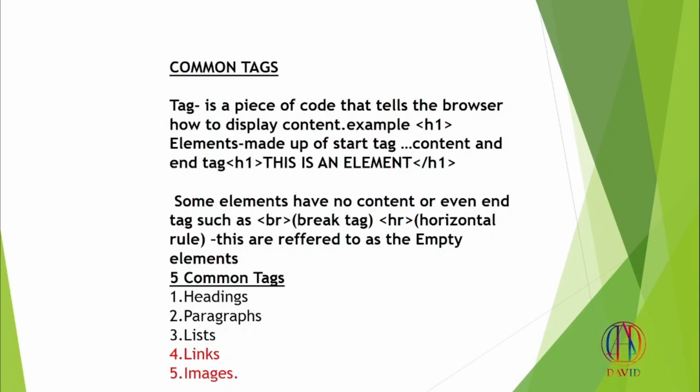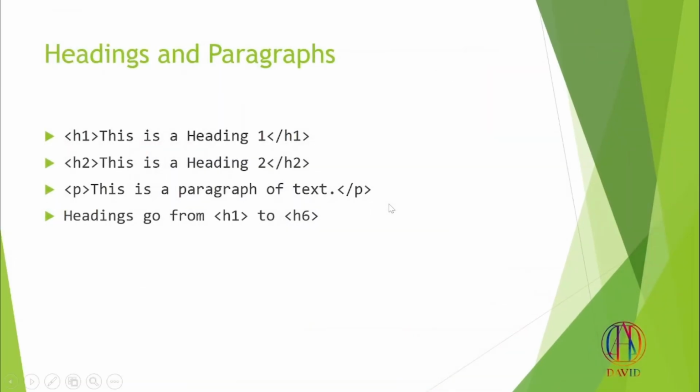We have 5 common HTML tags. These are the headings, paragraphs, lists, links, and images. But for this tutorial, I'll be taking you through the headings, paragraphs, and lists. Let's get into headings and paragraphs. We have headings from H1 to H6, H1 being the largest and H6 being the least.